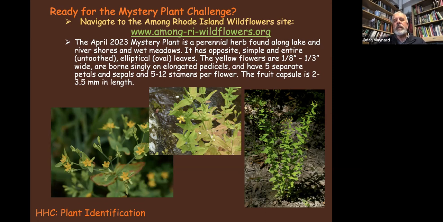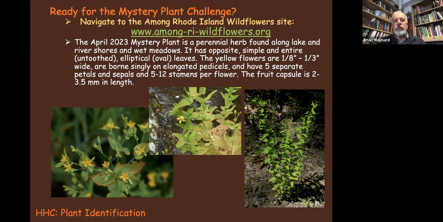Then you submit your guess at the bottom of the page that the mystery plant is on. If you are correct, your name will be included on the website for an entire month in a list of people that successfully identified the previous mystery plant. So I call it engraving your name in gold. If you'd like to have your name engraved in gold, I'd urge you to try the mystery plant game.